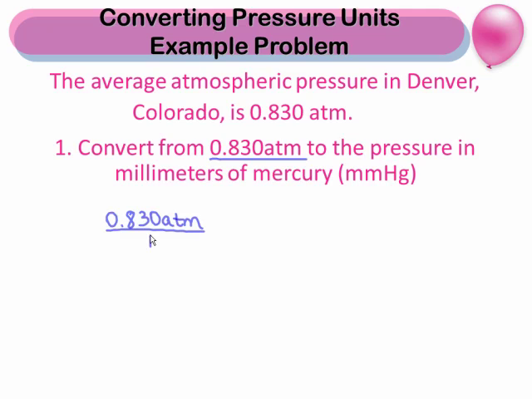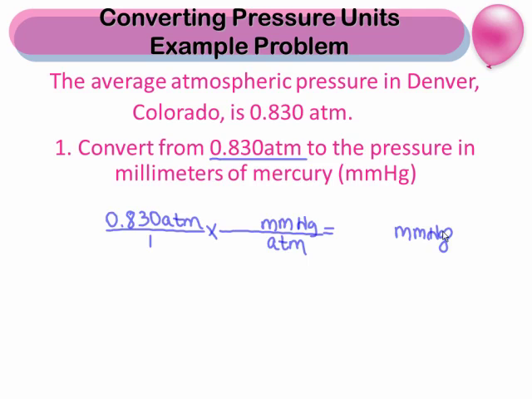Again, that 1 is just a placeholder, and it's to make everything look like a conversion factor. We're going to get rid of atmospheres, and the unit we want at the end is millimeters of mercury. So my answer is going to have units of millimeters of mercury.